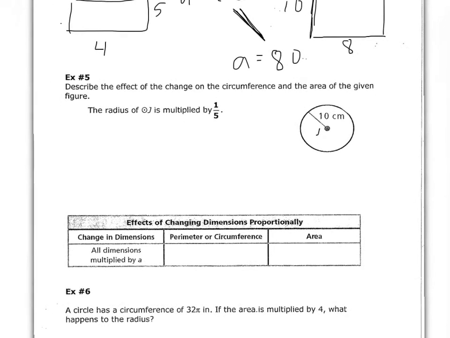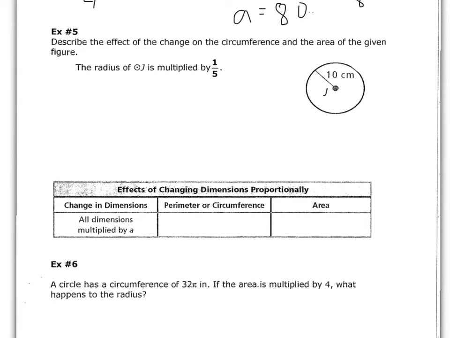Okay, example number 5. Okay, let's take a look at this one. It says, describe the effect of the change on the circumference and the area of the given figure. The radius of J is multiplied by 1/5. Okay, so remember, to find the area of a circle, you just have to take pi r squared.